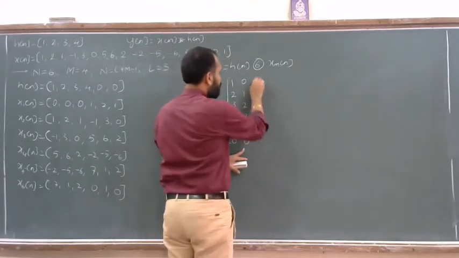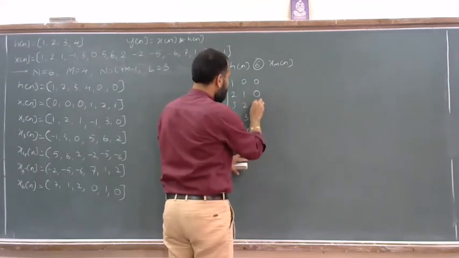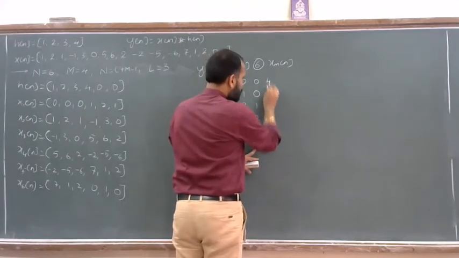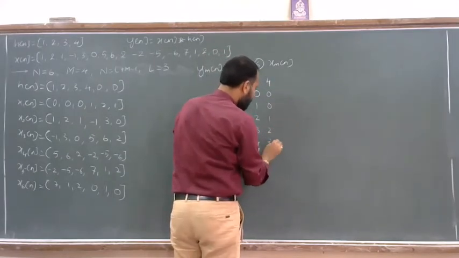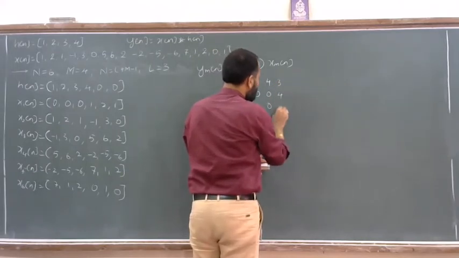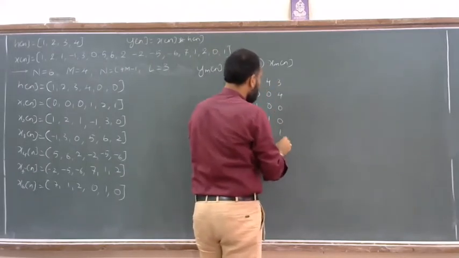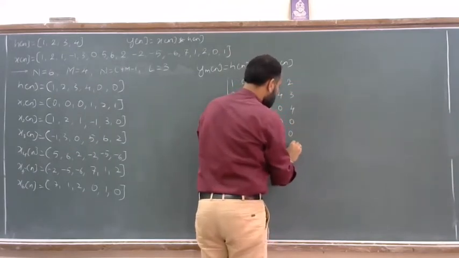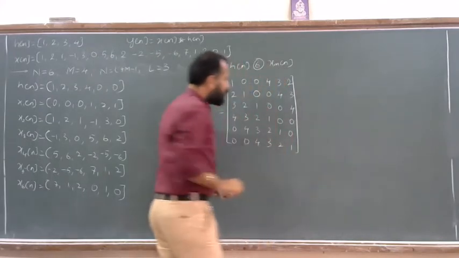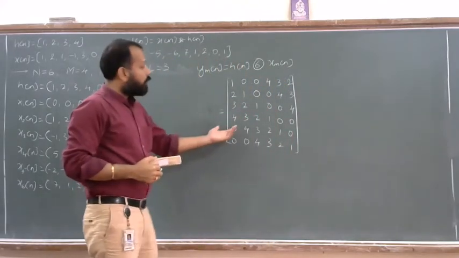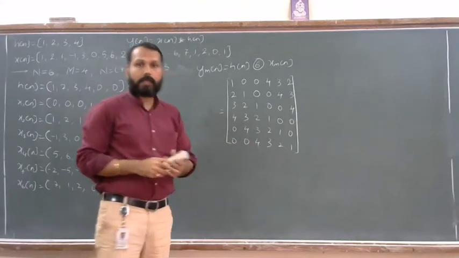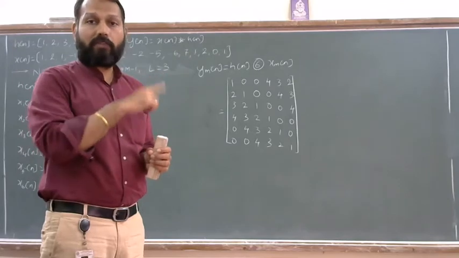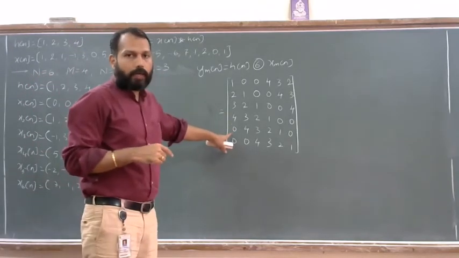This will be pushed one position up. 1, 2, 3, 4, last sample will be pushed up: 0, 0, 1, 2, 3. Next, 3, 4, 0, 0, 1, 2. Next, 2, 3, 4, 0, 0, and 1. So for 6-point circular convolution, this will be the 6 cross 6 matrix representing one of the sequences being circularly folded and subsequently shifted for every iteration by one sample in the anti-clockwise direction.